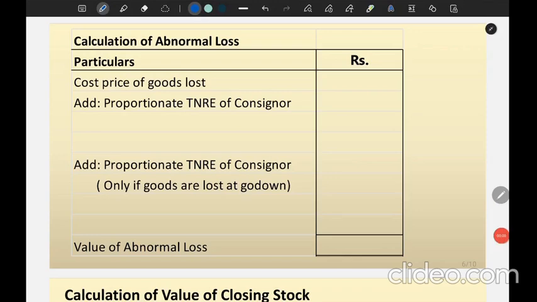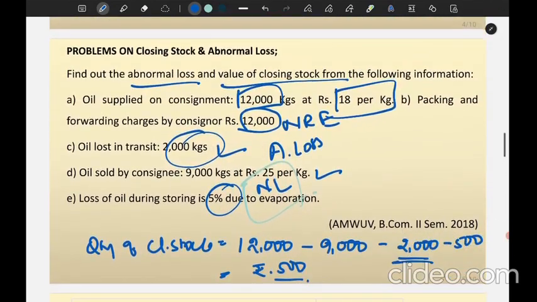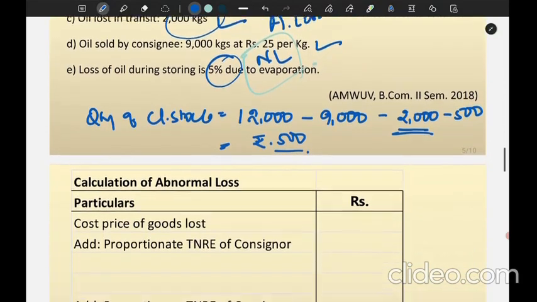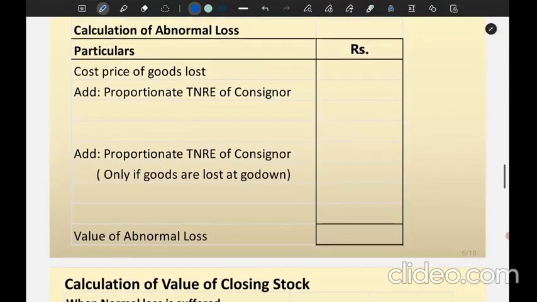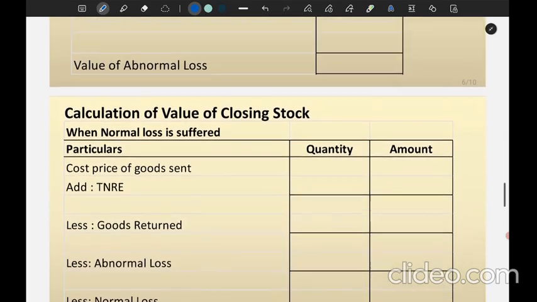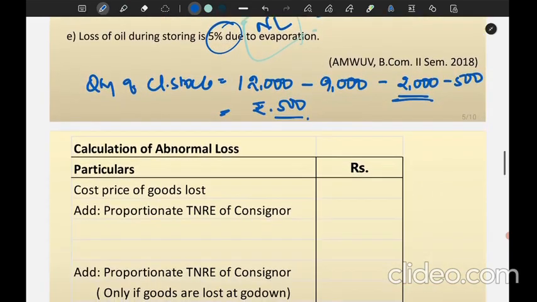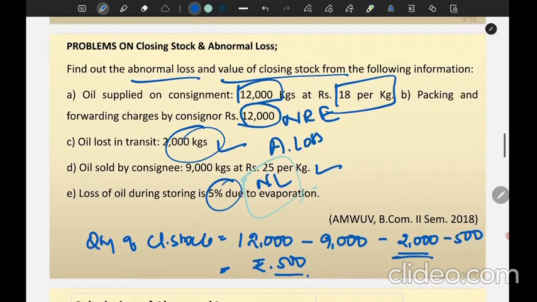Now let's begin with the solution. First by calculating the value of abnormal loss, because we need abnormal loss quantity and value to find out the closing stock. Okay, so first we need to take cost price of the goods lost. Let's see how many units have been lost.